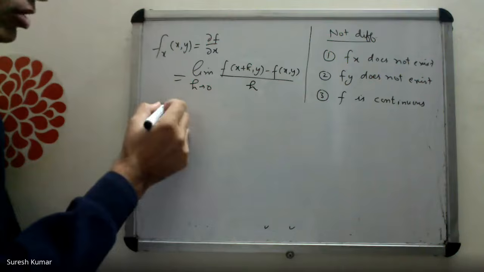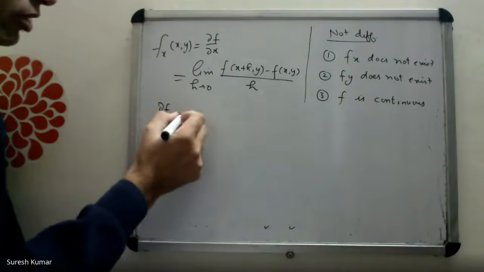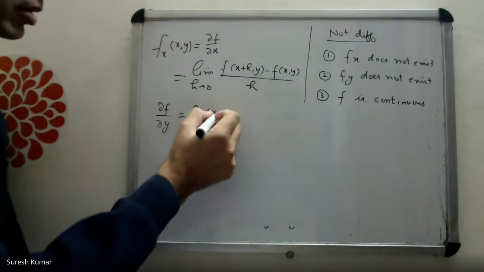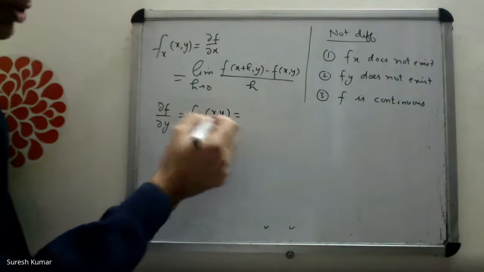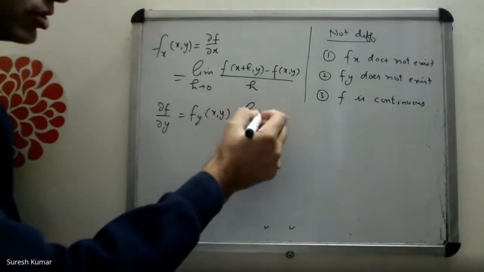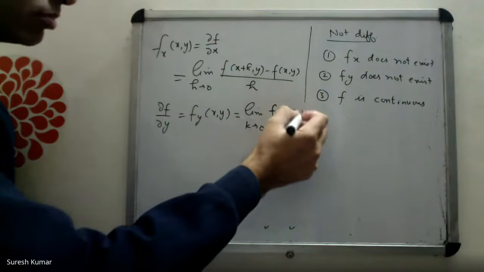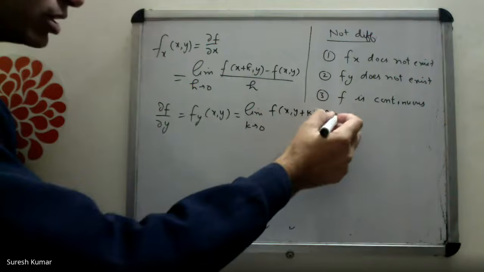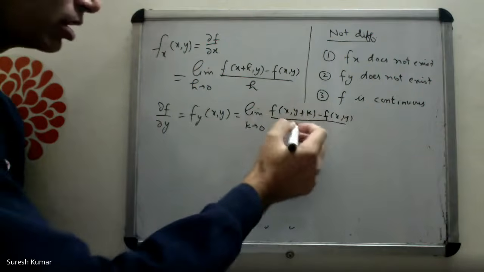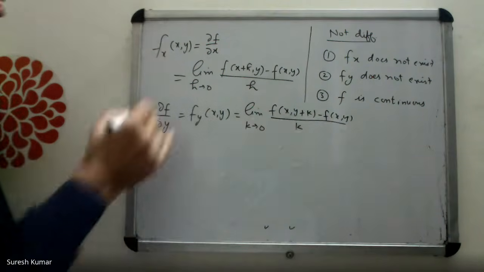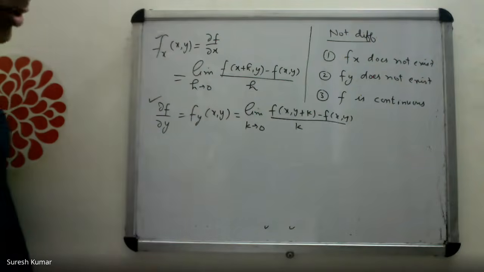Same way, recall the partial derivative of f with respect to y at any point (x, y). What is it? Limit k going to 0, f(x, y plus k) minus f(x, y) divided by k. Always remember these two definitions for partial derivatives.